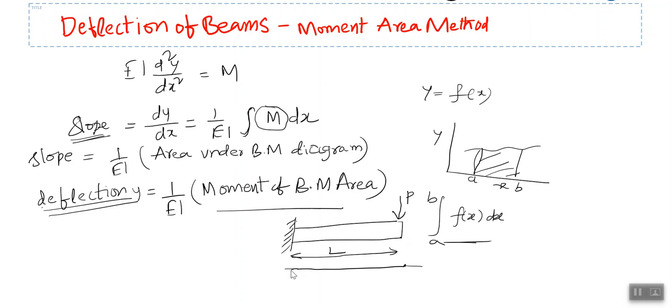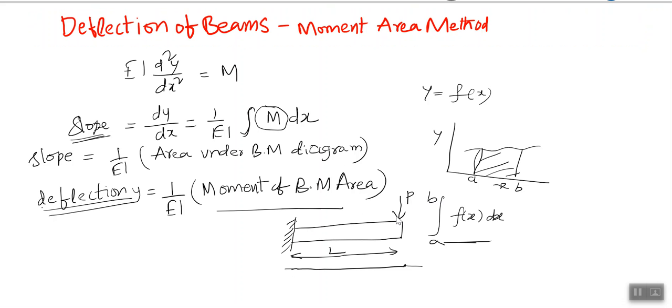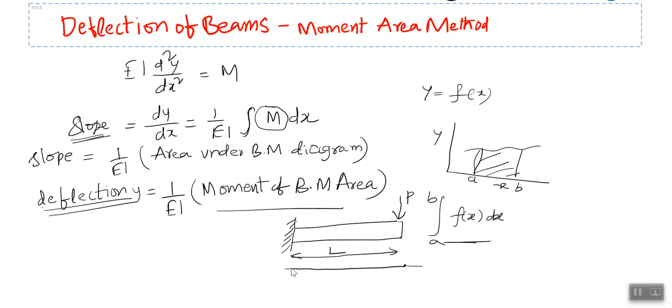But here we have the bending moment P times L. I'm joining these 2 points through a straight line, because the bending moment function at any distance x is M equal to P times x.